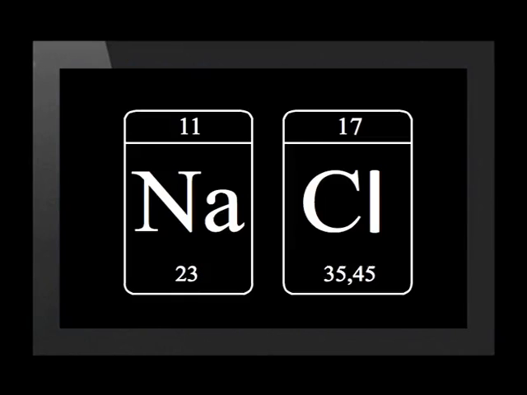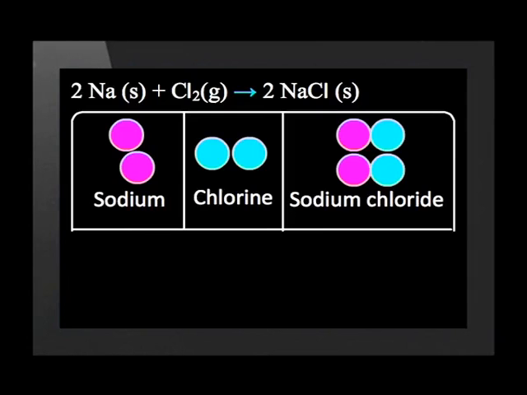Try to do the same thing for the reaction between sodium and chlorine. The relative atomic mass of a sodium atom is 23 and the relative atomic mass of chlorine is 35,45. The balanced chemical equation for the reaction tells us that 2 sodium atoms react with 1 chlorine molecule, which is diatomic and consists of 2 atoms, and forms 2 units of sodium chloride.